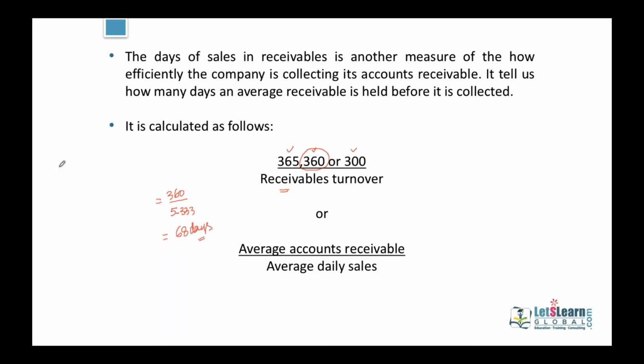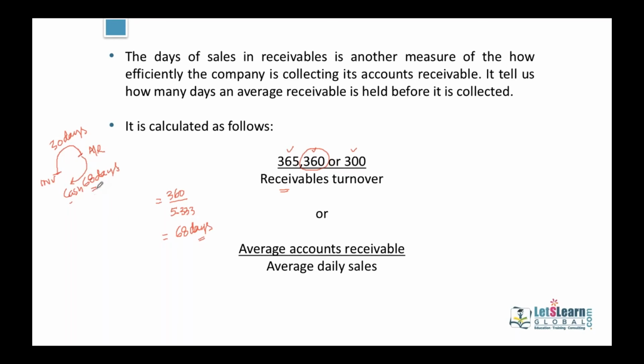So what do we understand? From inventory to sales, we took 30 days as per the previous calculation, and from accounts receivable to cash, it takes 68 days. Inventory to receivable 30 days, receivable to cash 68 days.